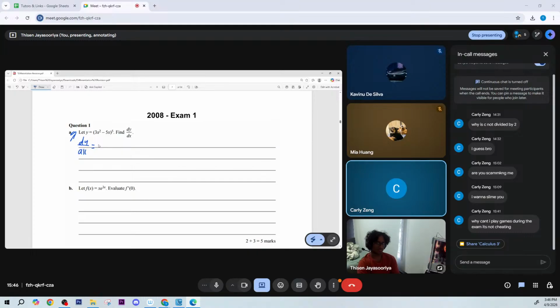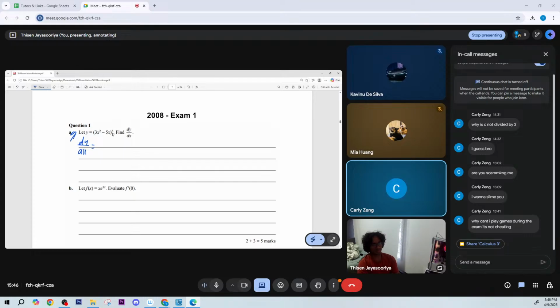Wait, what? Okay, it'd be 3x squared minus 5x to the power of... Wait, what am I doing? Okay, wait. It'd be... Wait, no, would it not be... Wait. Am I tweaking? Would it not be 3x squared minus 5x to the power of 5 times 6x minus 5?